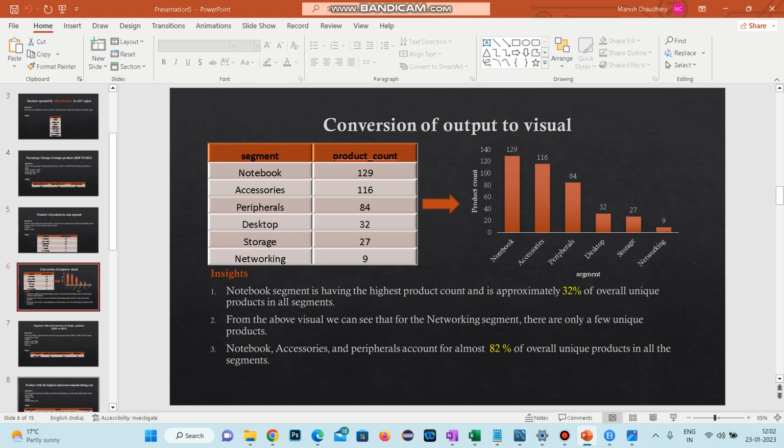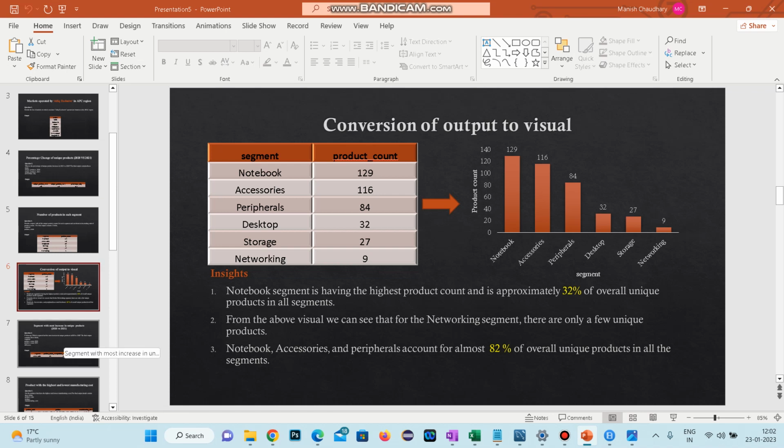From the above we can get insights like notebook has the highest product count and is approximately 32% of all the segments, while in the networking segment there are only a few unique products. Notebook, accessories and peripherals account for almost 82% of overall products in all segments.